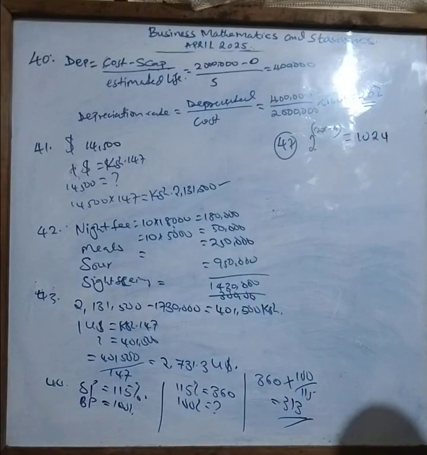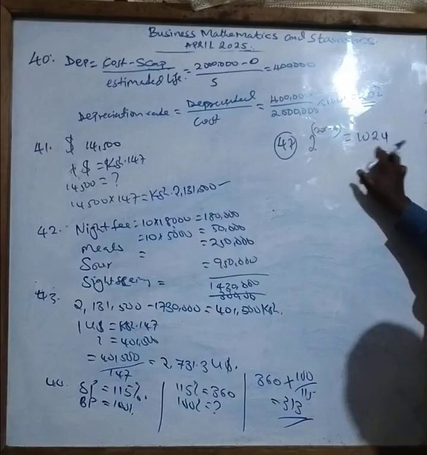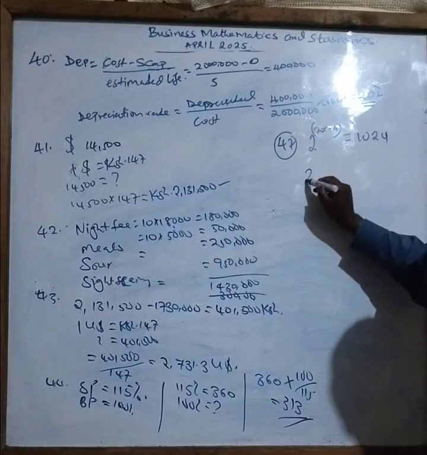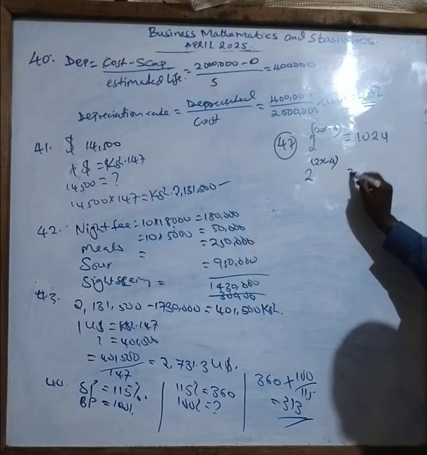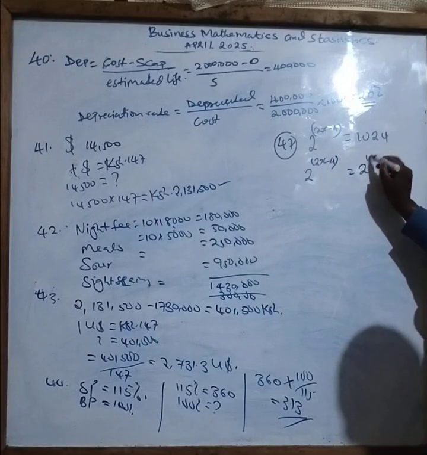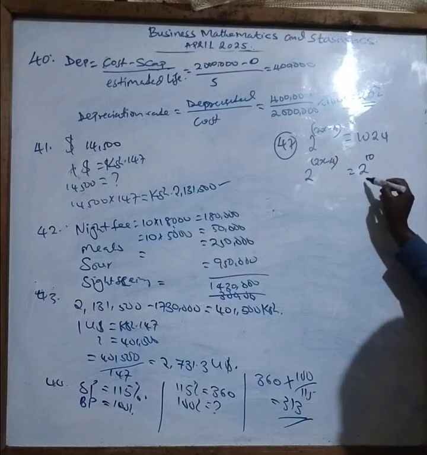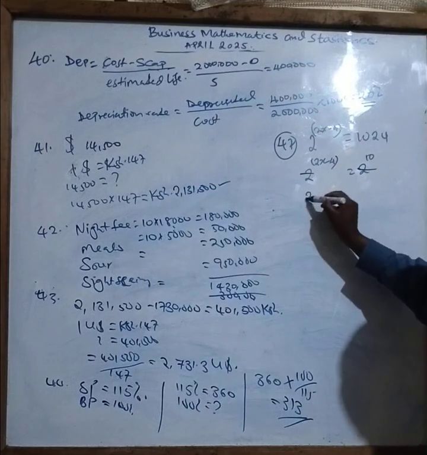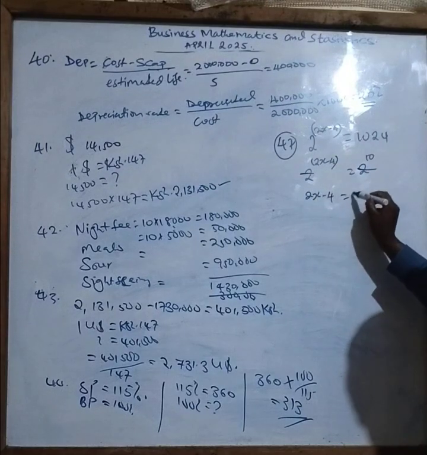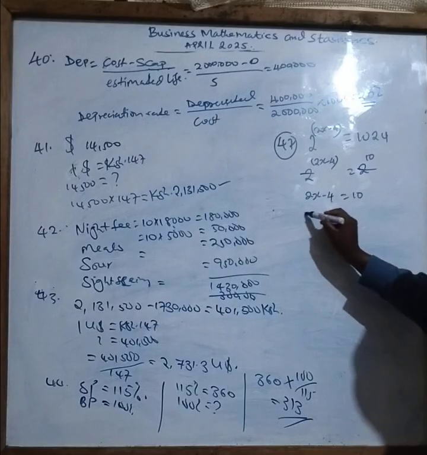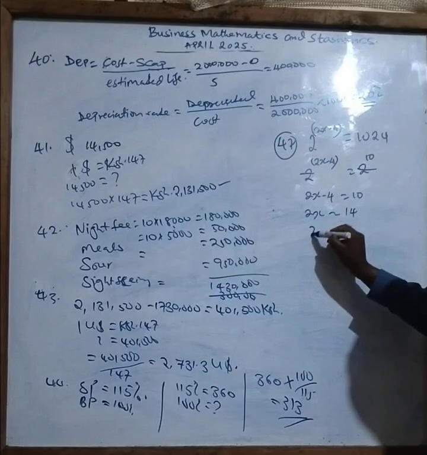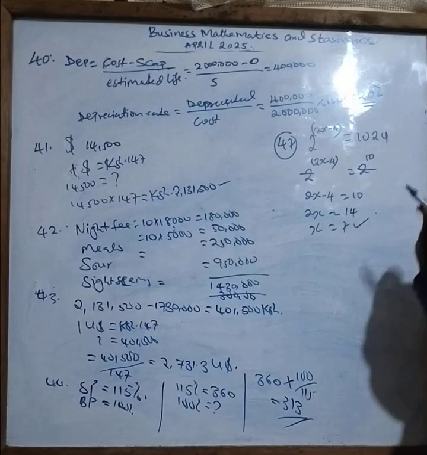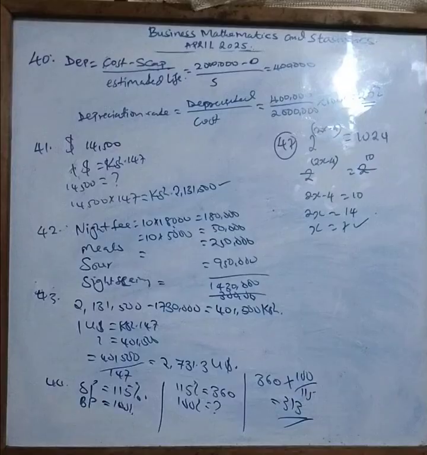In this case, we need to write 1024 in the form of a power of 2, which gives you 2 to the power 10. Because the bases are the same, you cancel. So your answer is 2x minus 4 equals 10. This one crosses to this side. You get 2x equals 10 plus 4, which is 14. So your x is 7. That is how you are supposed to calculate that particular question.